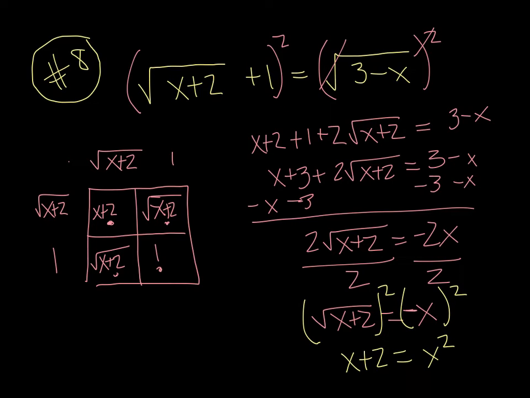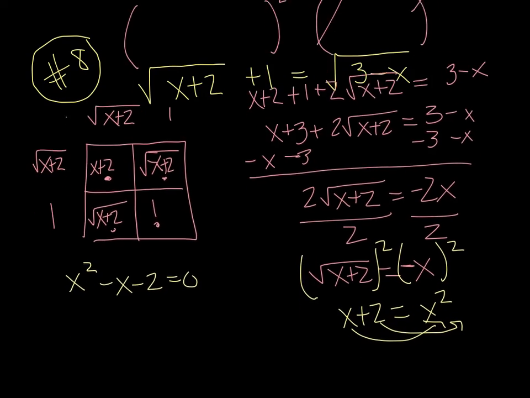So what we have here is a quadratic. That exponent of 2 means quadratic. We need to find our two solutions. So I'm going to move my x and my negative 2 over here and get x squared minus x minus 2 equals 0. So you guys could go ahead and factor this.